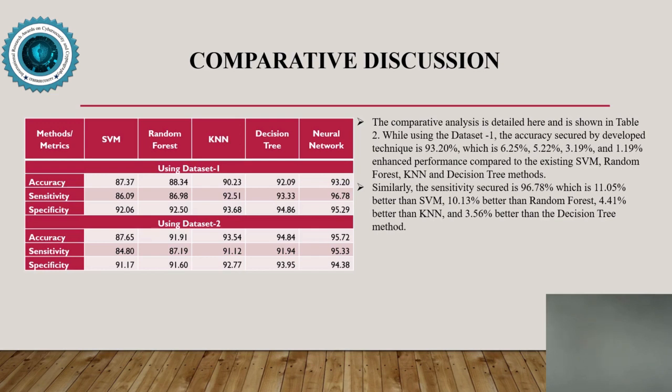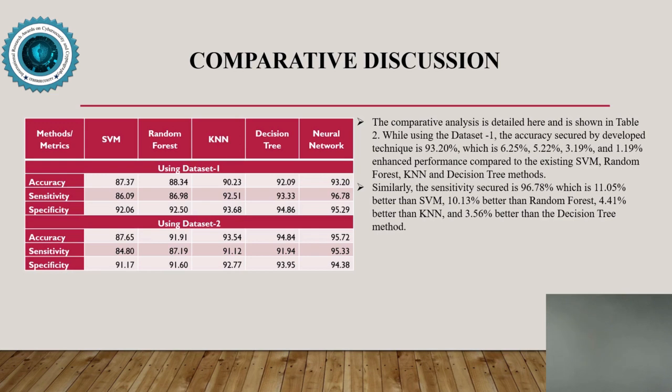Comparatively, for dataset one, the accuracy secured by the developed neural network model technique is 93.20%, which is 6.25% higher than SVM, 5.22% higher than random forest, 3.19% higher than KNN, and 1.19% higher than the decision tree.